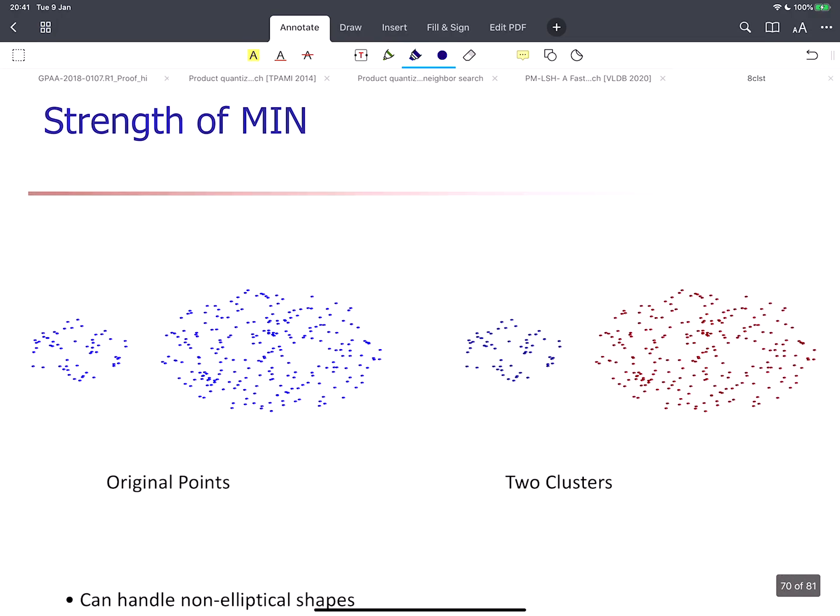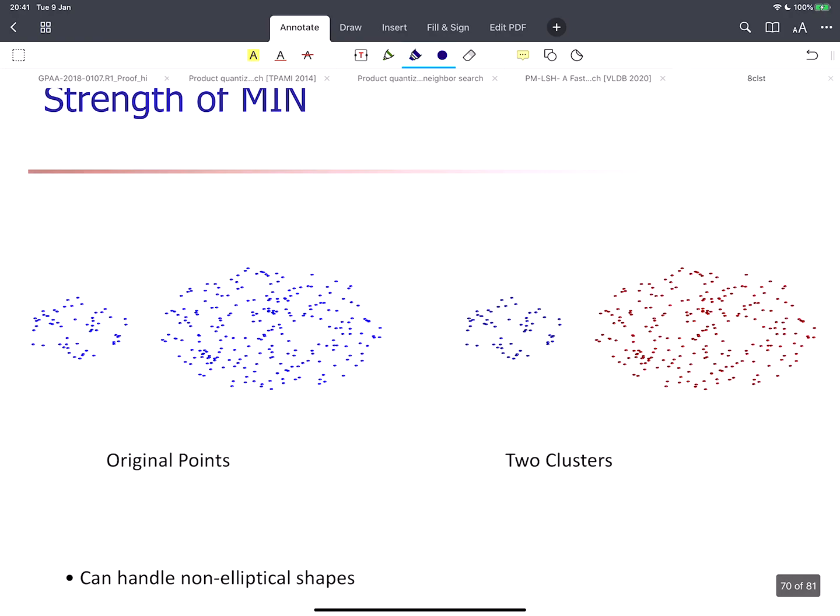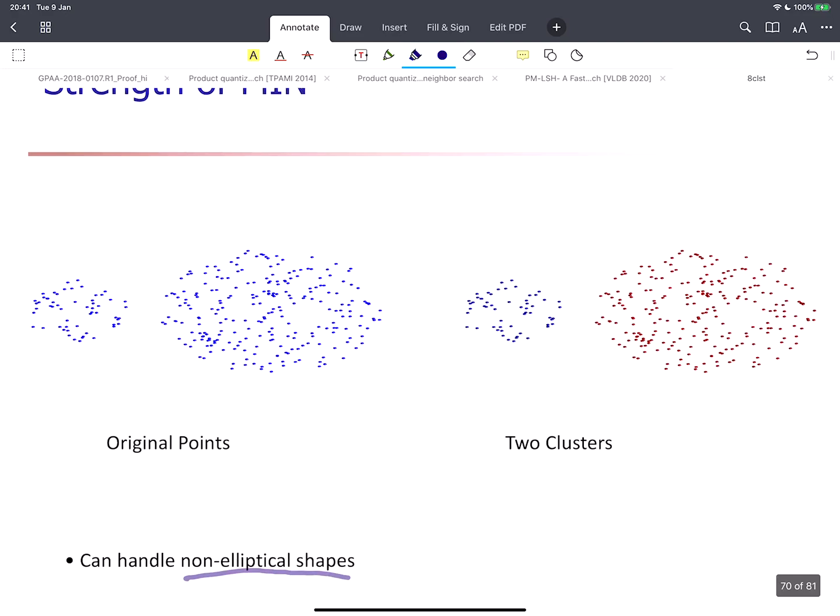The strength of the min is that it can handle non-elliptical shapes. The general idea is that, for example, these two clusters are not necessarily circles, but they can be clustered correctly into this one and this one.